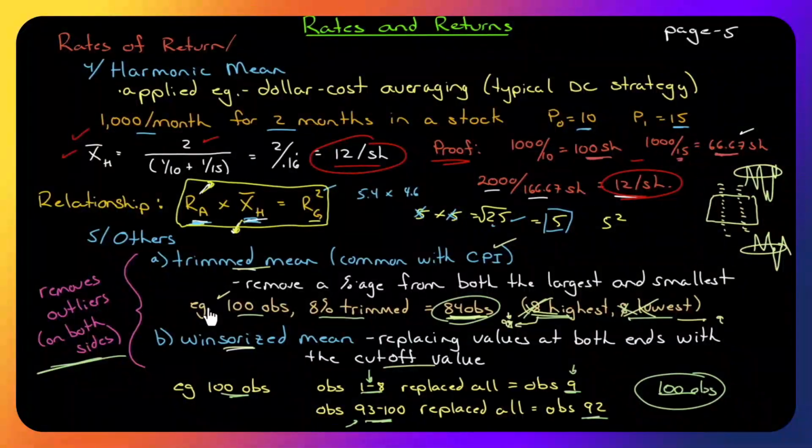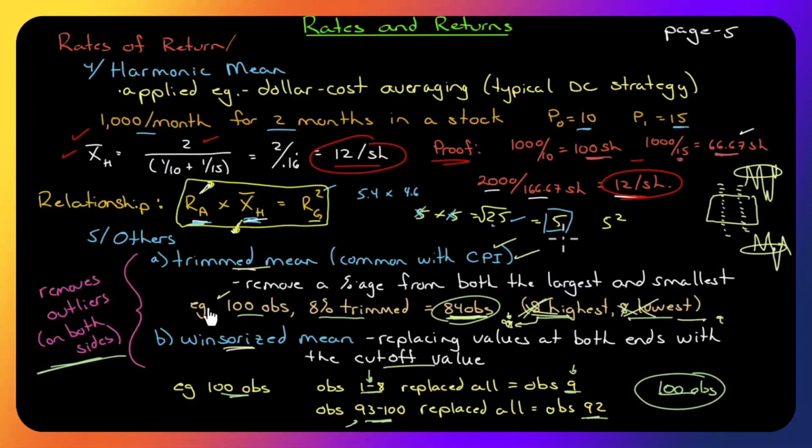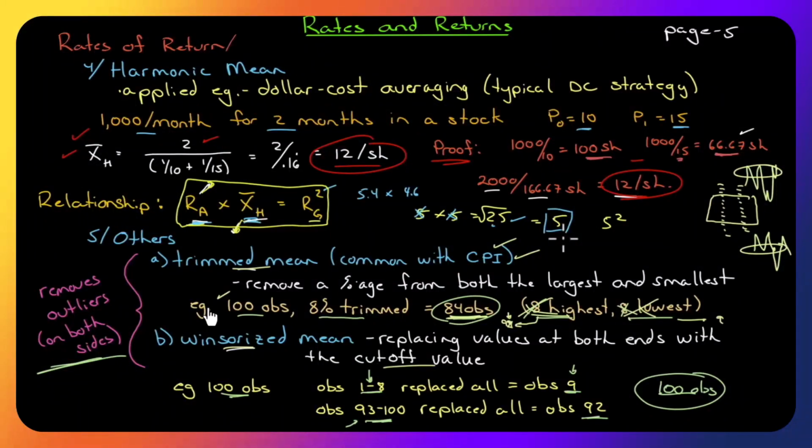When you look at CPI, it is very common to have the trimmed mean CPI reported because CPI does contain some volatile components. If we want to get an idea of the true trend in the underlying price level, sometimes getting rid of those extreme things helps a lot to figure out what is a more smooth change in prices.